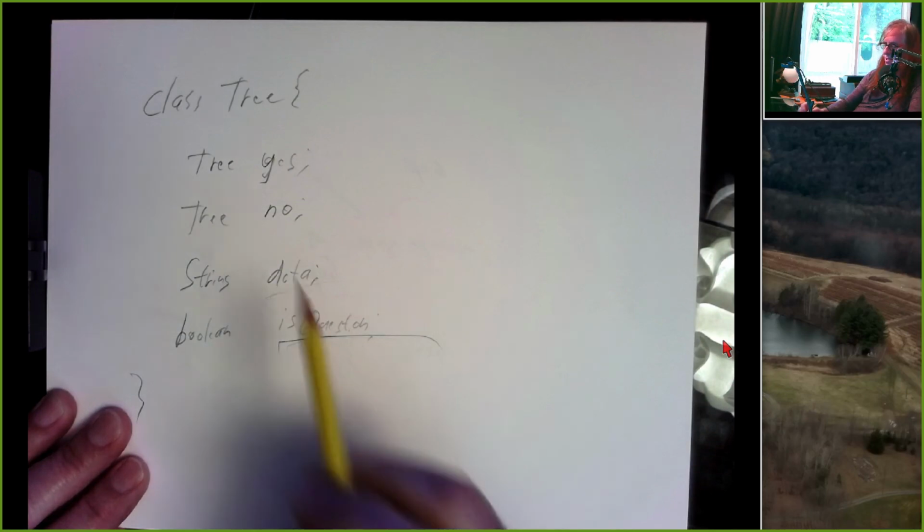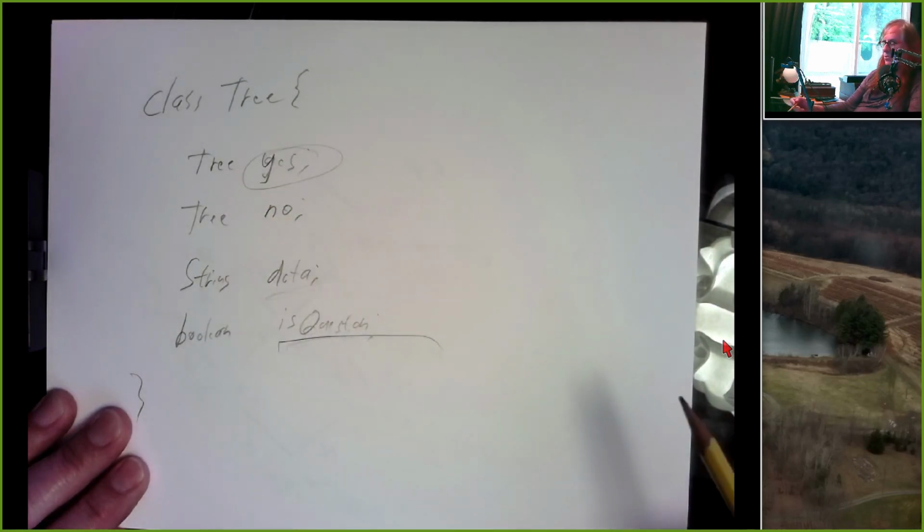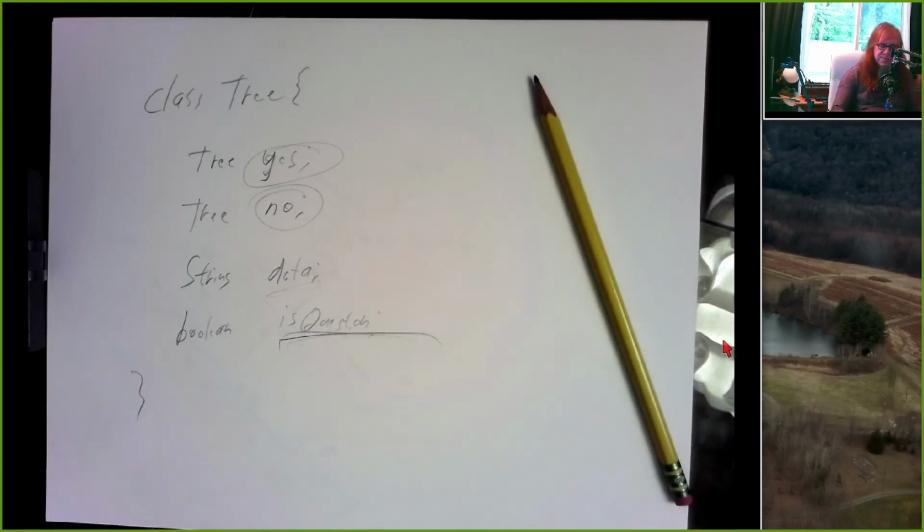And if they say yes, then we change our temp pointer to temp.yes. And if they say no, we set it to temp.no, and then we ask the next question, and so on and so forth. So the tree class and the node class only contain variables, kind of like a struct. Yeah, well, not exactly like a struct, but it behaves like it.